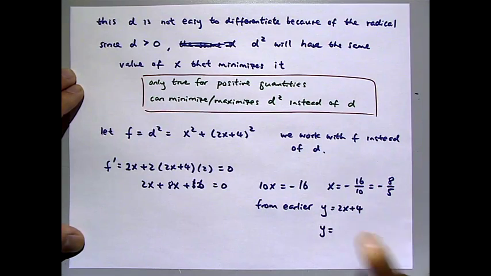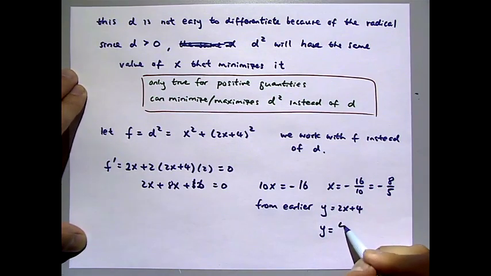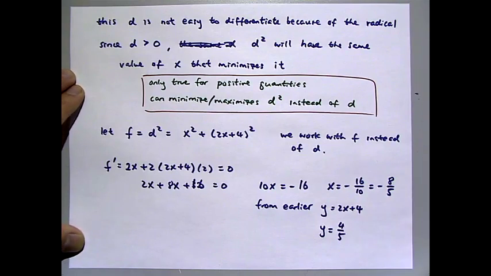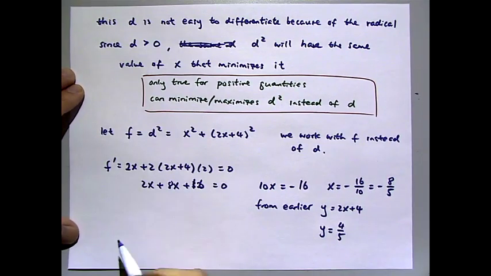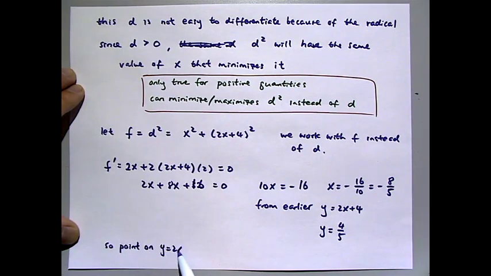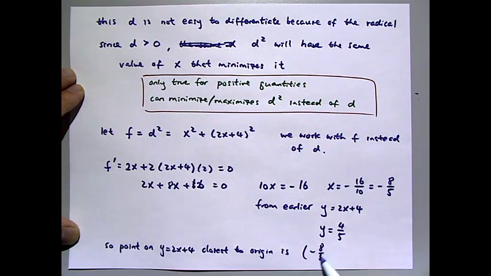So y is 2 times that thing plus 4. It turns out to be 4 over 5. Trust me. So the point on the line y equals 2x plus 4 closest to the origin is (minus 8 over 5, 4 over 5).